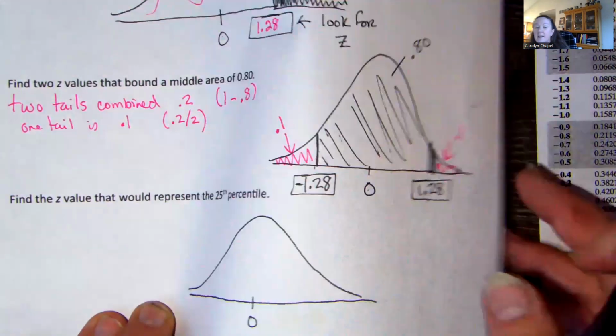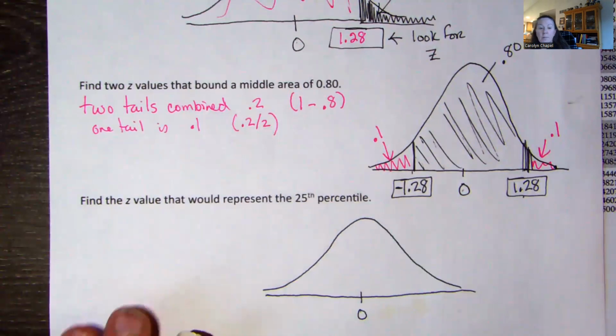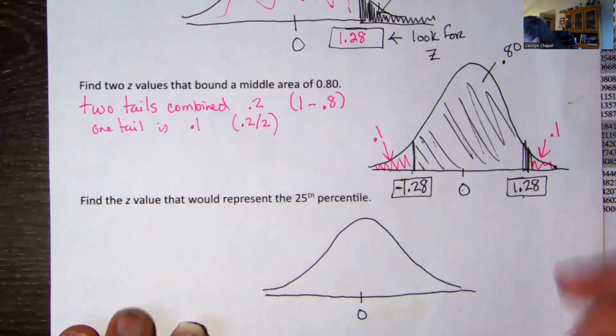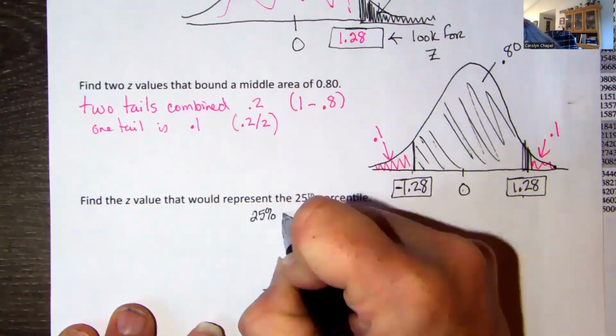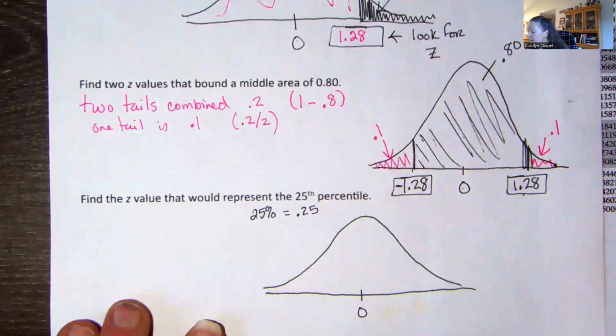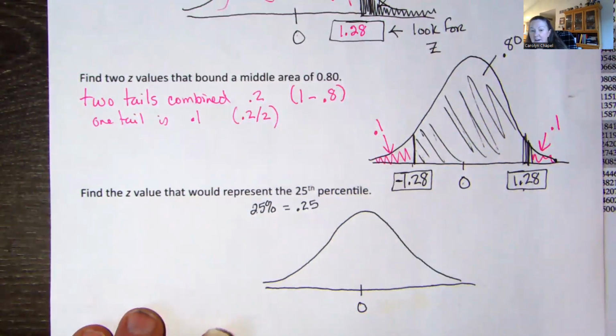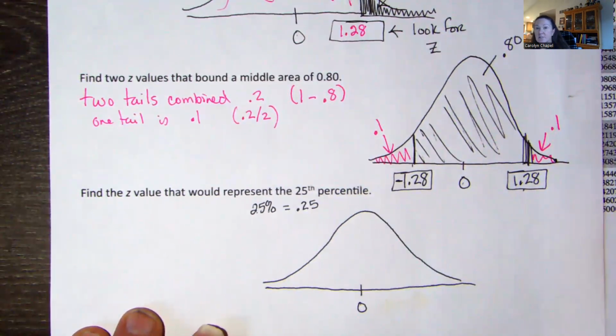Percentile means that many people scored at or below you, right? So 25th percent is the same as 0.25. So we want to have an area of 0.25 to the smaller of us or left of us.